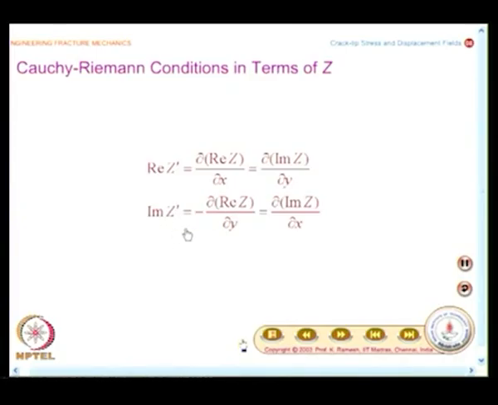This you have to keep in mind. This is nothing but the same Cauchy-Riemann conditions you have written in terms of u and v, now written in terms of the capital Z, the function itself. So, the next equation gives minus dou real part of Z divided by dou y equal to dou imaginary part of Z divided by dou x, and this is equal to the imaginary part of Z prime.